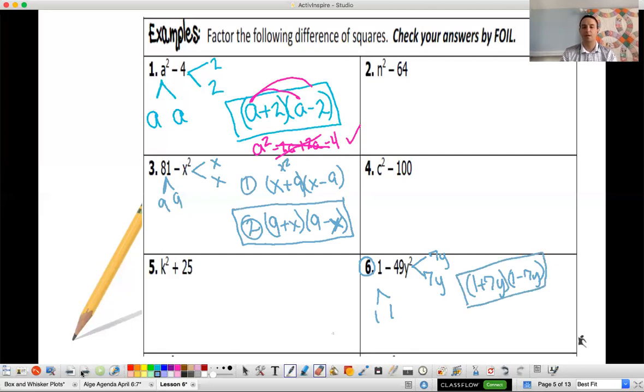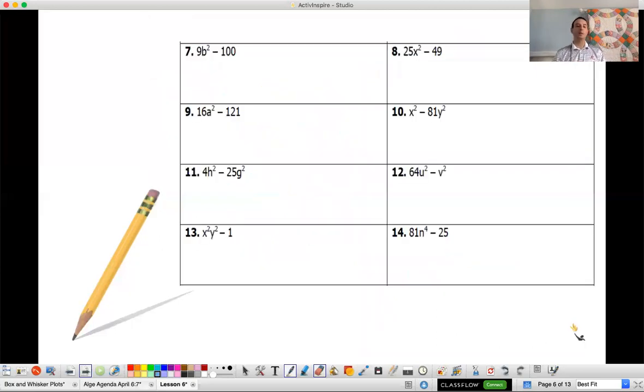Okay. All right, now that we've kind of gotten a little practice on that, let's try a couple. I'll do number 9 with you, and then I'm going to ask you guys to do 10, 12, and 14. So if I take a look at number 9, the square root of 16 is what? 4. Yeah. Don't get mixed up and say 2 and 8. A lot of kids will take it and divide it by 2. Keep that in mind that you're doing square root. And then it's going to be a.